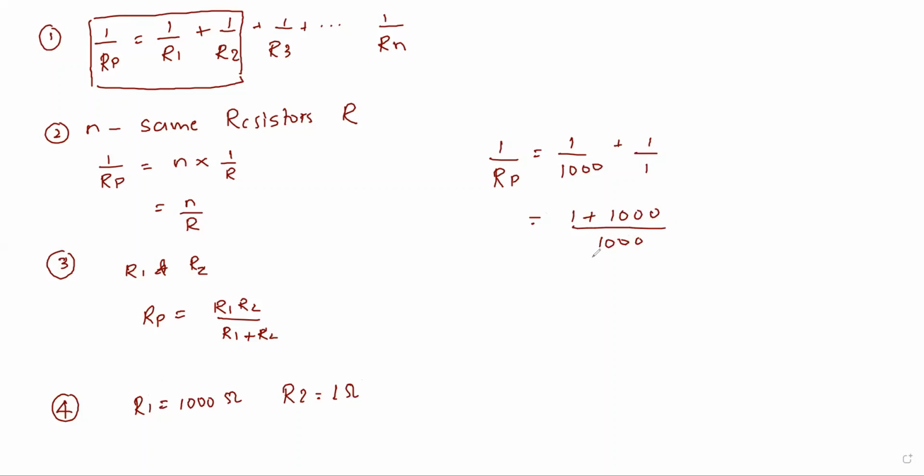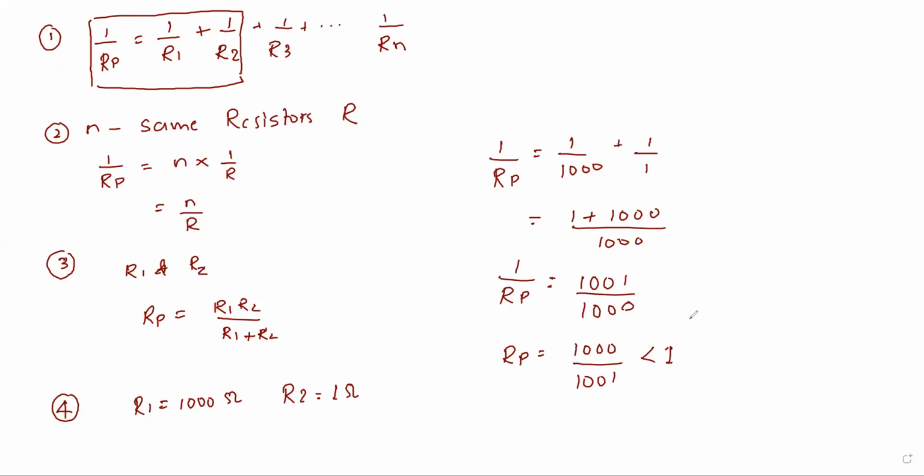Very simple mathematics it is. You should know all these things: cross multiplication and taking the LCM. So you will have 1001 divided by 1000. That is 1 by Rp. If I just want Rp, I take the reciprocal, and it will be 1000 by 1001, which is lesser than 1.